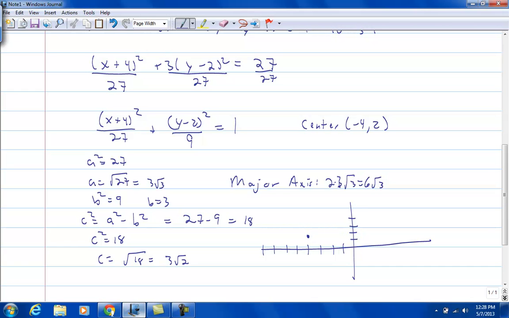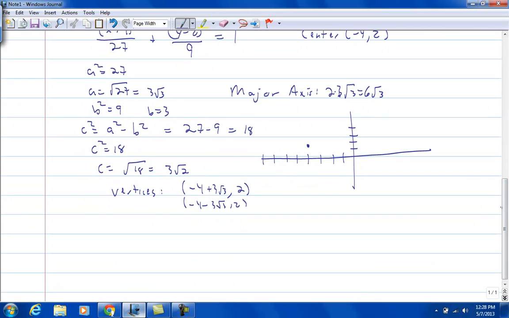And so our vertices are going to be at negative 4 plus 3 root 3, comma 2, and negative 4 minus 3 root 3, comma 2. So going out either direction, 3 times the square root of 3.